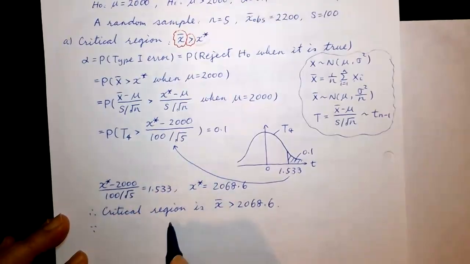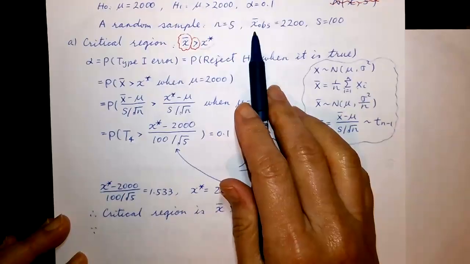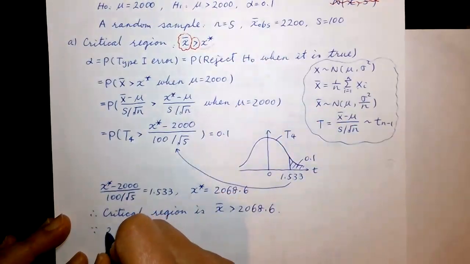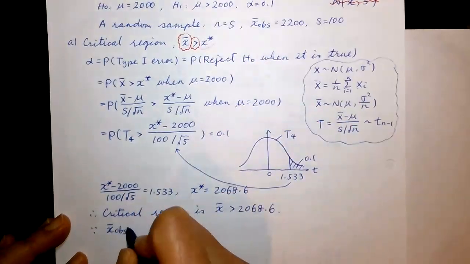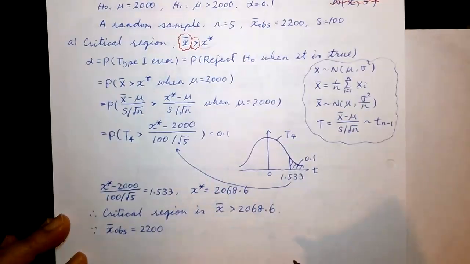We use the critical region. Look at our sample. Our sample, the 5 kids there, know on average 2,200.